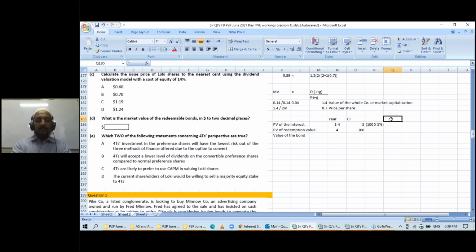Now multiply this by the present value fraction. I'm taking the annuity fraction over here because cash flows are equal.